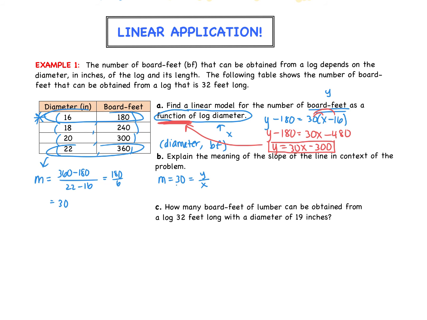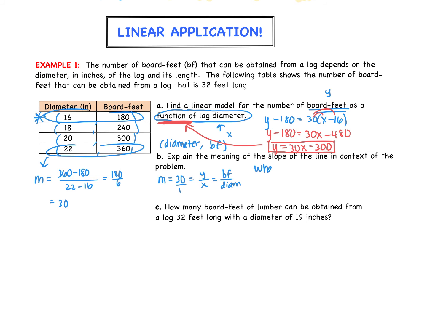So instead of 30, we're going to write it as 30 over 1. So 30 is our change in y, and 1 is our change in x. But instead of y and x, we need context. Y is board feet, and x is diameter. So what that means is, when diameter increases by 1, board feet increases by 30.